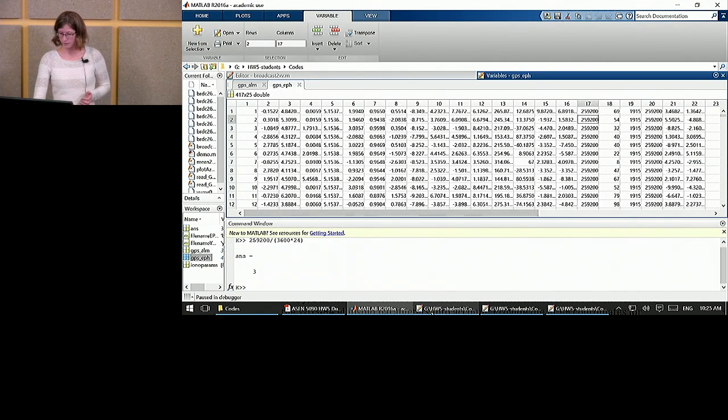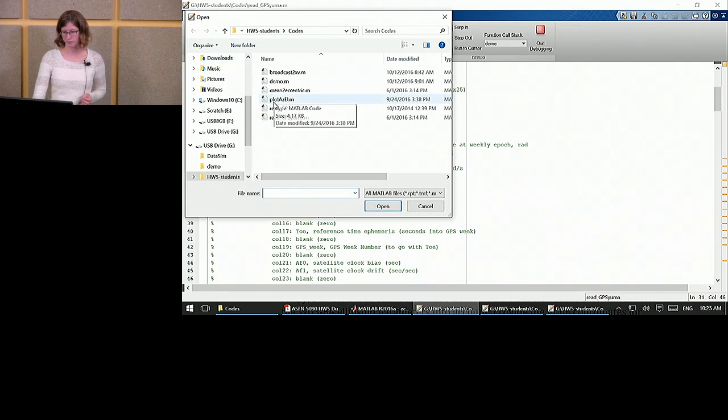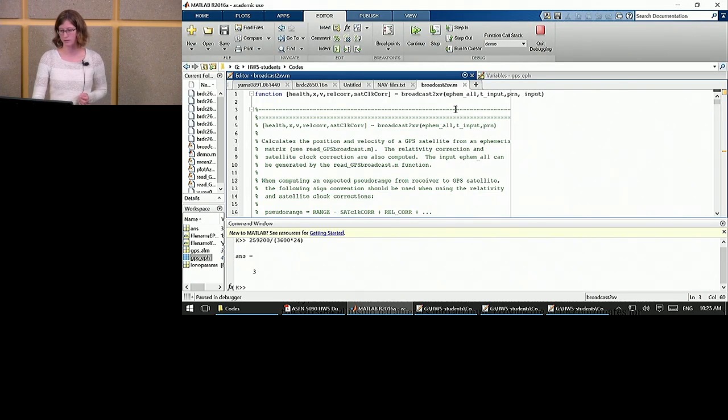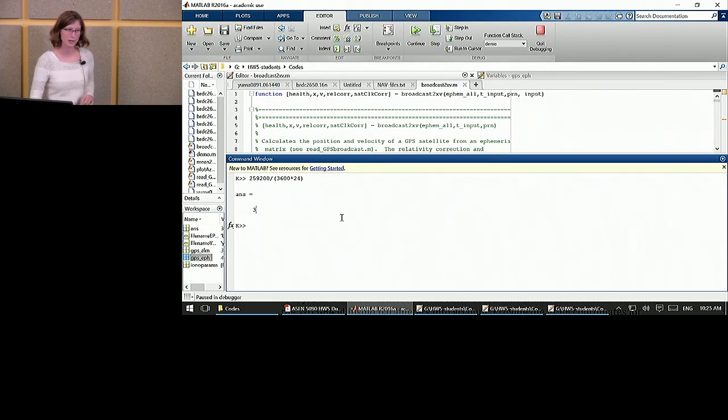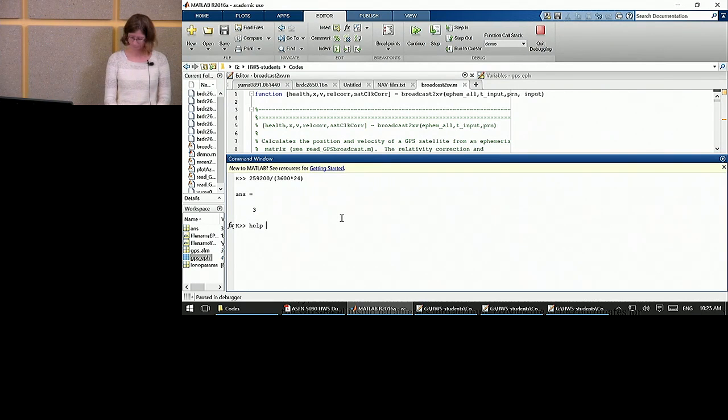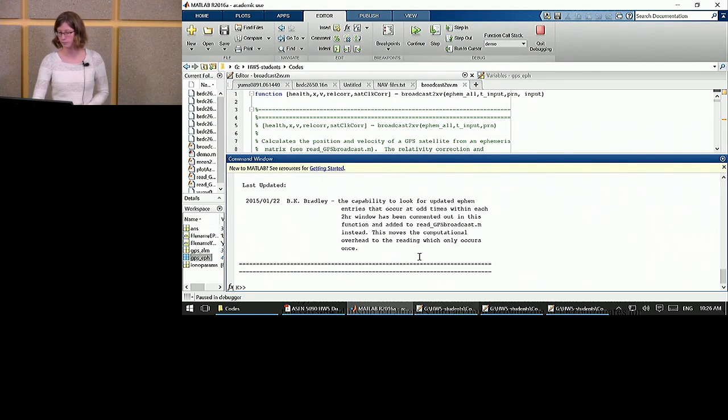If I go here and open the other file that I gave you, broadcast to XV, a tip also: all of these files have a help file. If you do help to XV, it'll tell you all of the parameters you need to know.